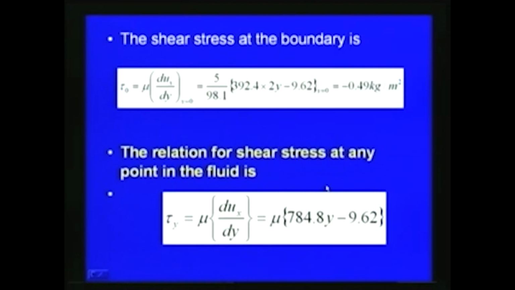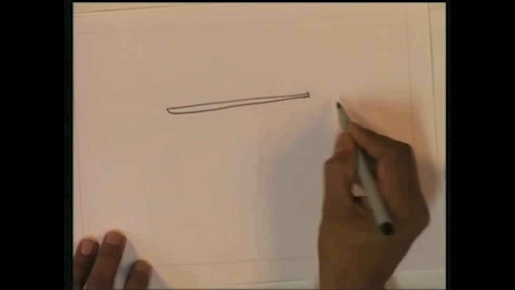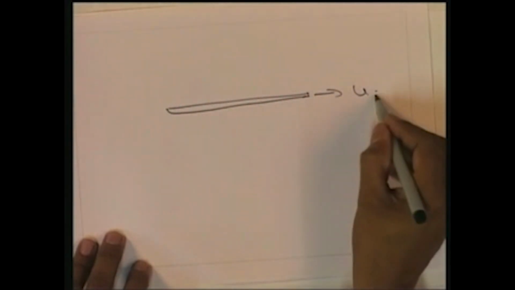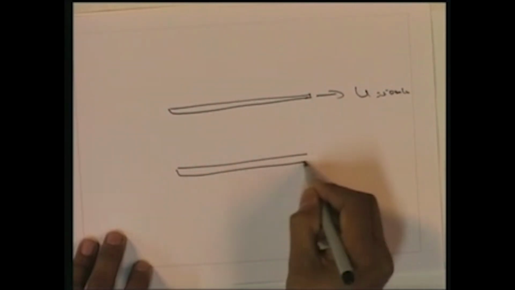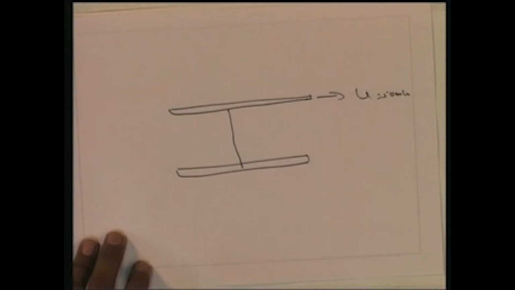Now for this case, if you plot the velocity, we have the moving plate with 50 centimeter per second, and here the fixed plate. As we have seen in the earlier case, you can see the velocity variation.